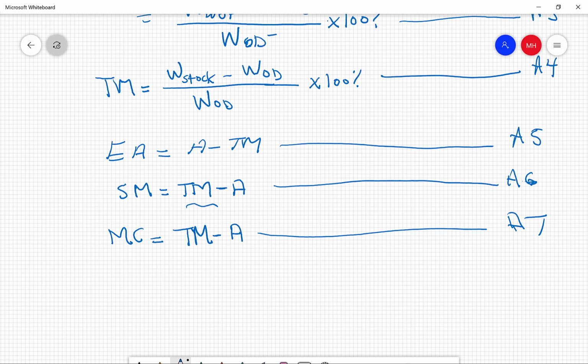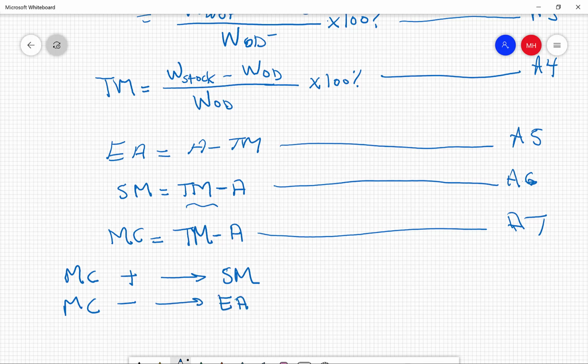Okay, so when the moisture content is positive, this means surface moisture. When the moisture content is negative, it means effective absorption.